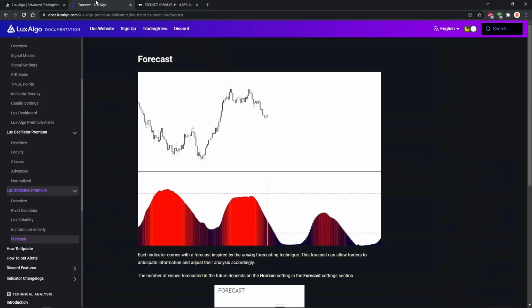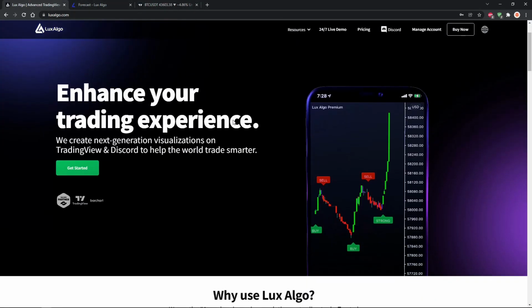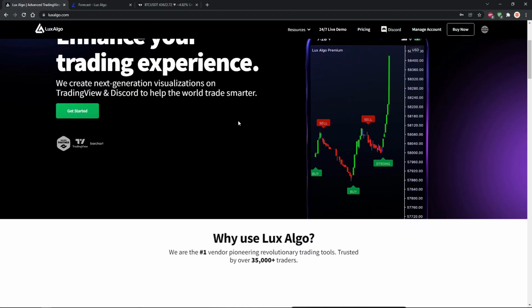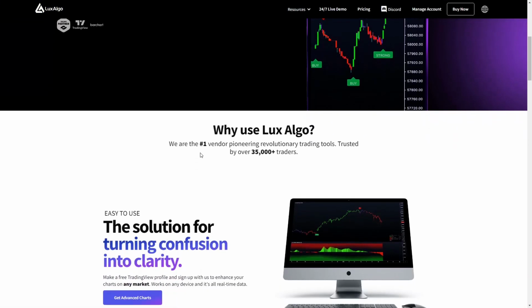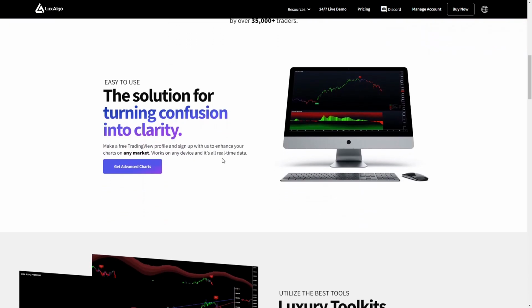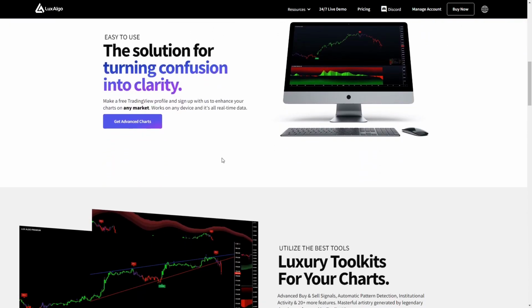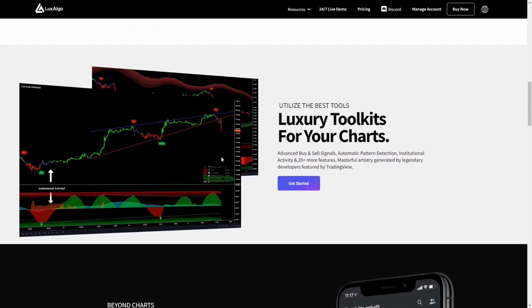Just the last point on Lux Algo, they have a Discord, which I think if you buy it, you definitely should join. A couple of reasons. One, they have their VIP crypto chat, people just talking and sharing charts and sharing ideas. But another one is they update their settings every single day.